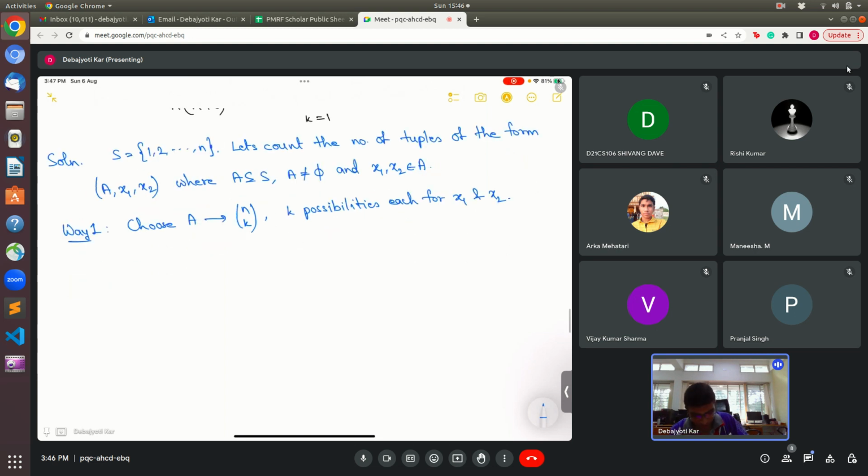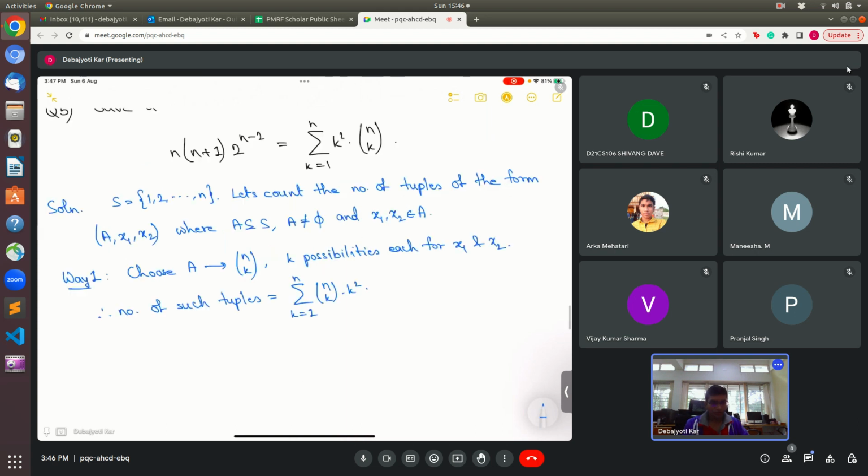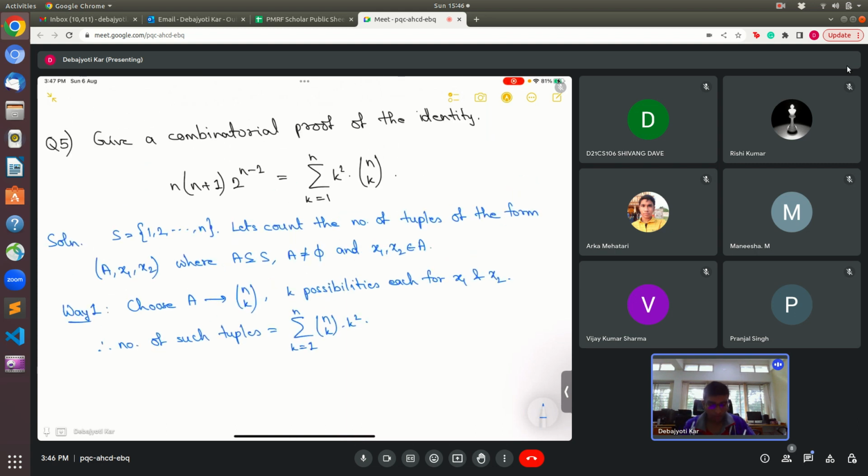Hence the number of such tuples is the sum over all k from 1 to n of n choose k times k square. So this is one way of counting.